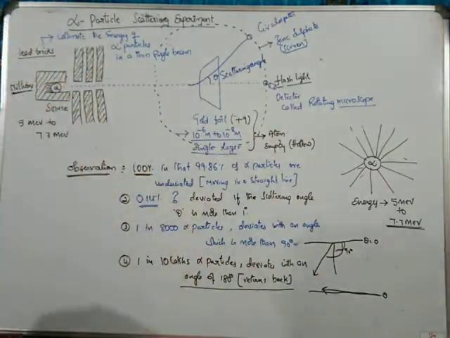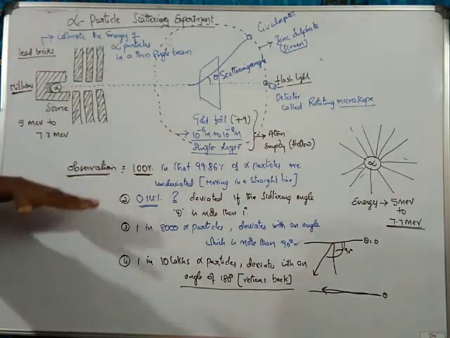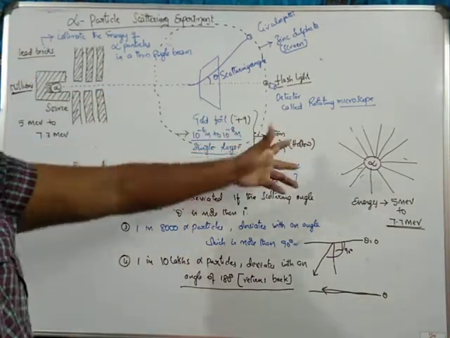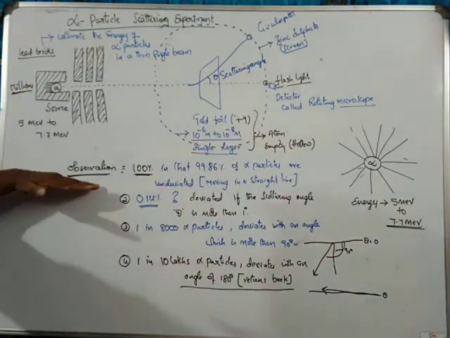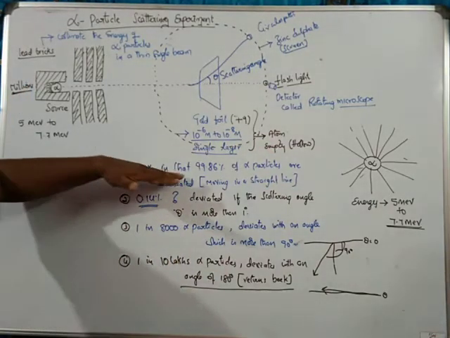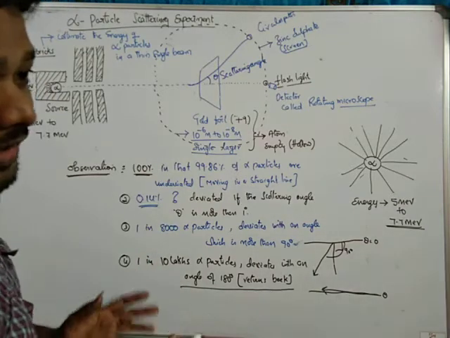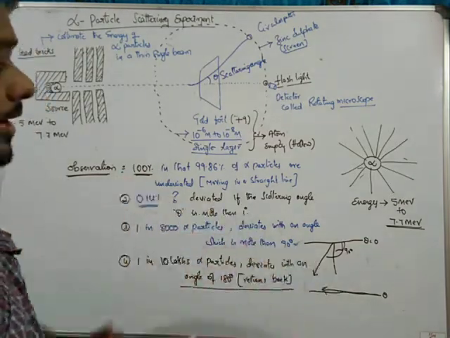And here we have the observations. Initially, we consider the gold foil, that an atom is empty or hollow. That's an observation. Out of 100%, 99.86% of alpha particles are undeviated, moving in a straight line.